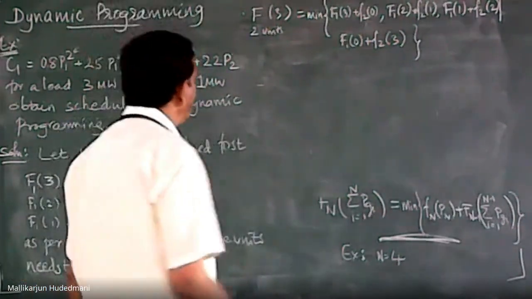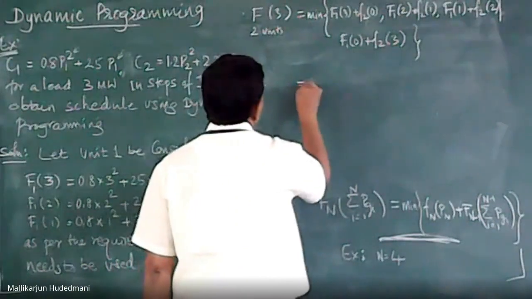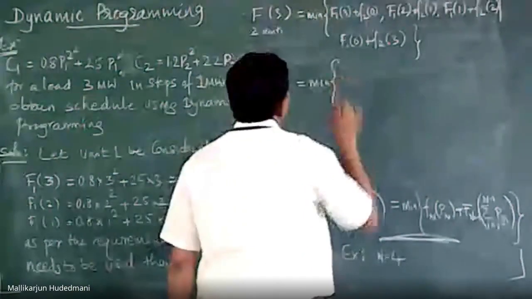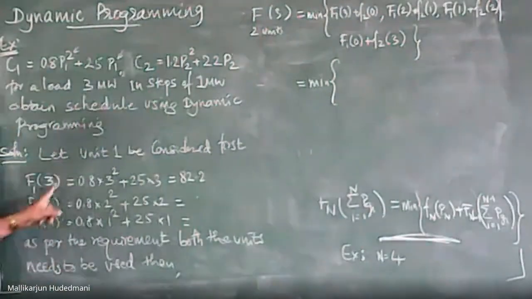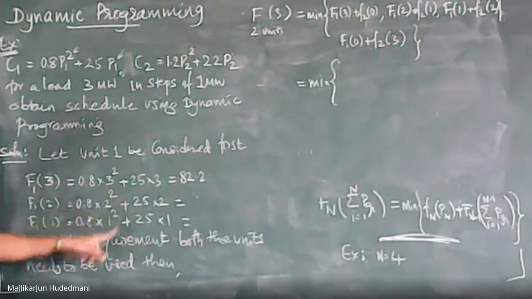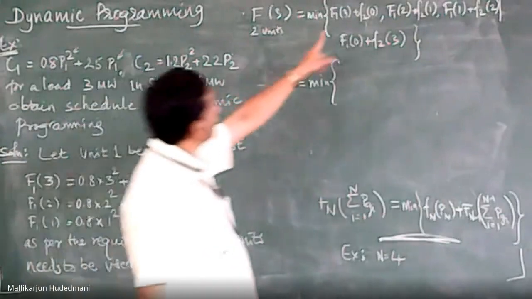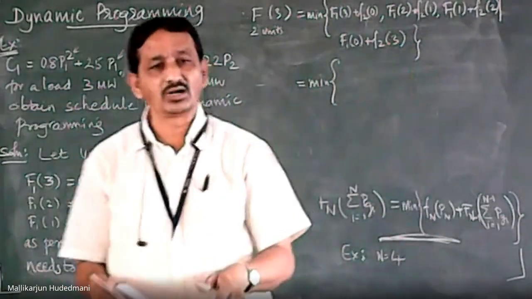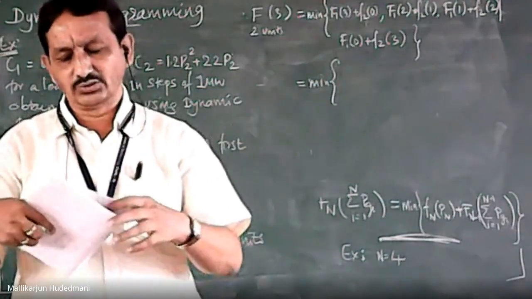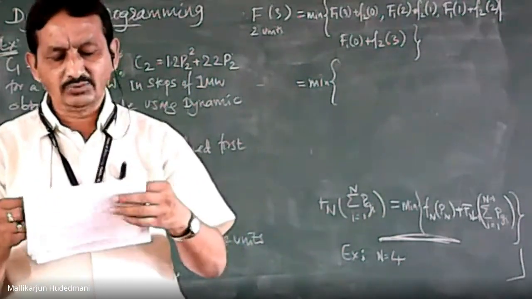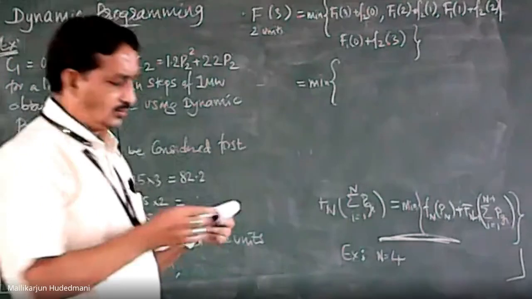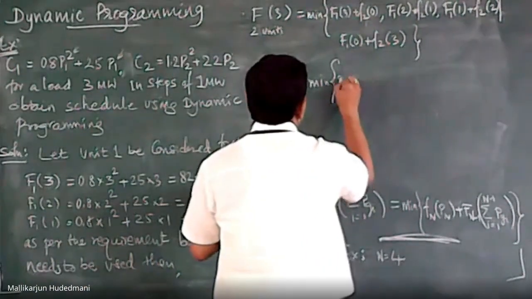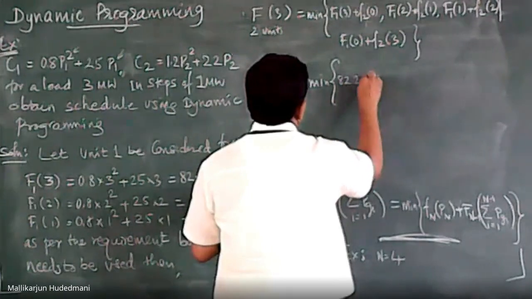In that regard, this will be equal to min of. Okay? What I said, I can do this way, or I can do this calculation right in the same slot, or I can keep it ready and use it. So therefore, I have the answer in this way. 0, this one I have: 82.2 plus 0.